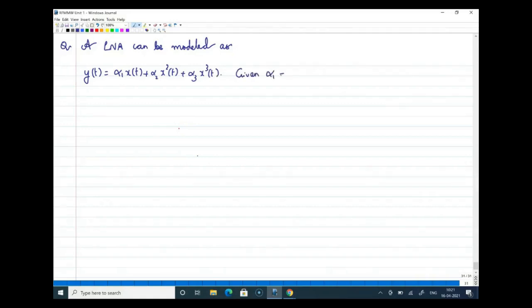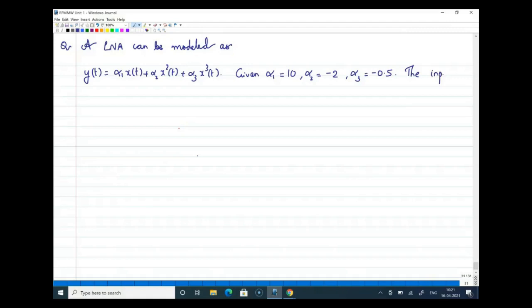Given that alpha 1, the fundamental gain component, is 10, alpha 2 is given as minus 2, and alpha 3 is given as minus 0.5. These are the coefficients given.